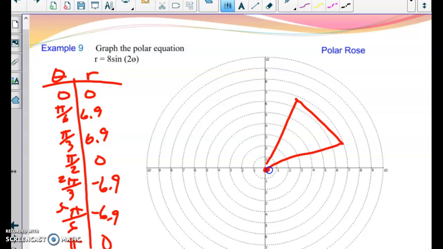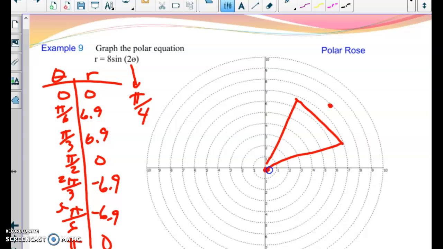So I went in and I found another value. If I put pi over 4 in here and multiply that by 2, I get pi over 2. And the sine at pi over 2 is 1. And so I get another value out here at 8.